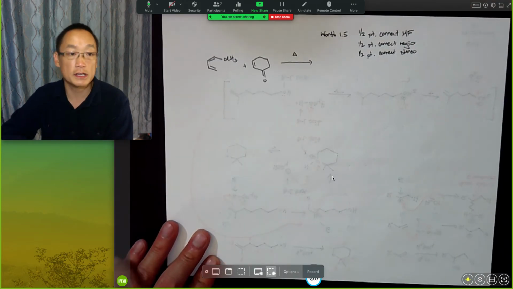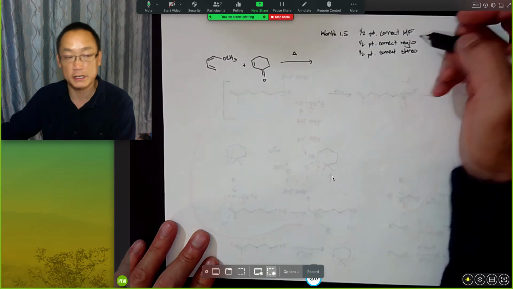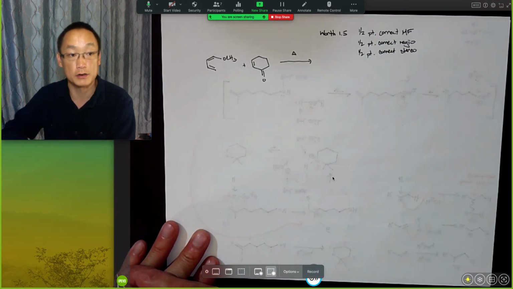And so just know again that there are multiple pathways to get partial credit based on your partial understanding of each of these components of a reaction.